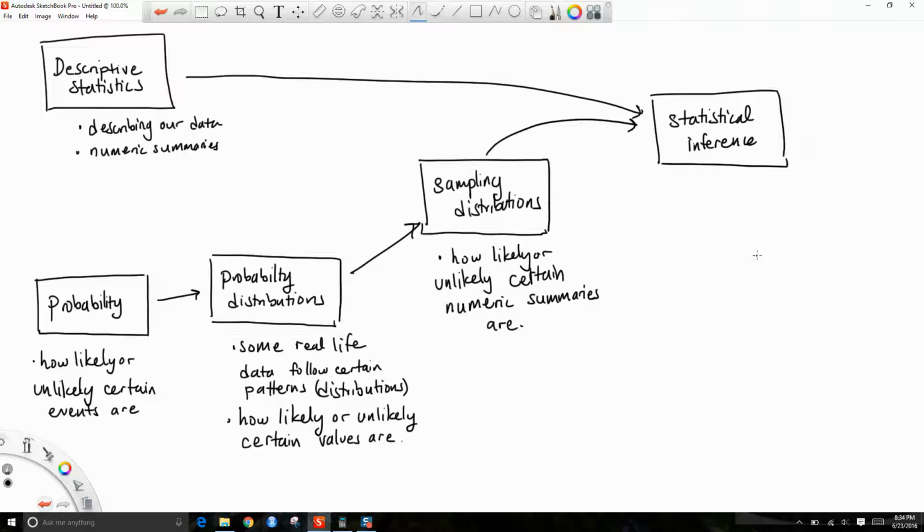Okay. When we understand statistical inference, what we are doing is looking at the numeric summary that we find in our descriptive statistics. We look at what the sampling distribution says about how likely or unlikely that statistic is, and by comparing the sample statistic that we have to the distribution, we can make a conclusion about the population, okay?